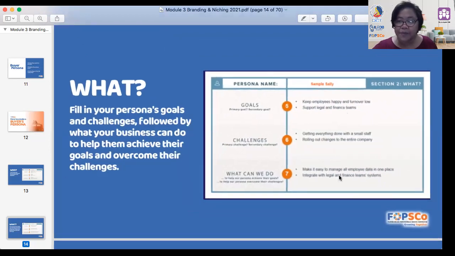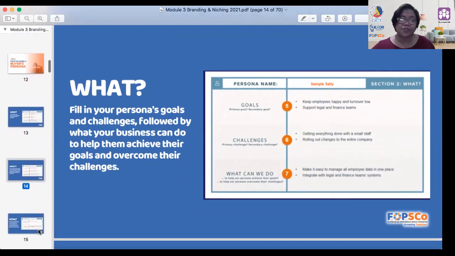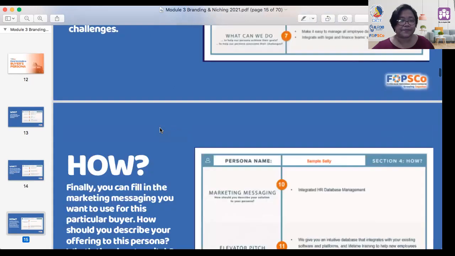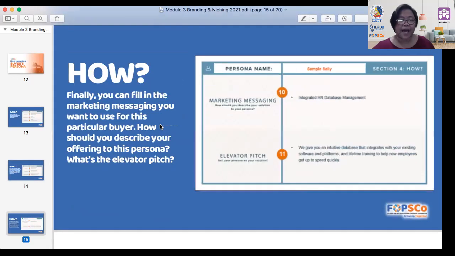So paano ba siya magkaka-access doon? So basically, one of the services that you can provide is to integrate the HR system with the legal and financial systems, right? So that's one example. So that was answering the question what, and then we have here answering naman the question how.